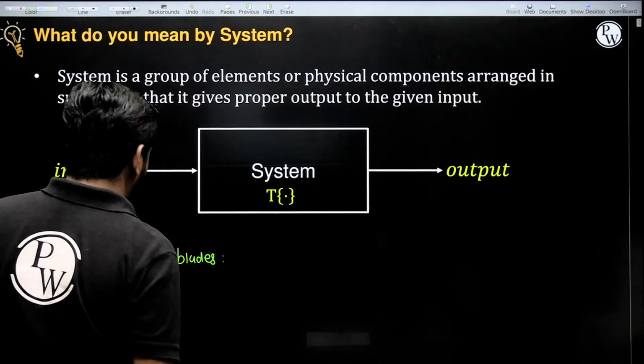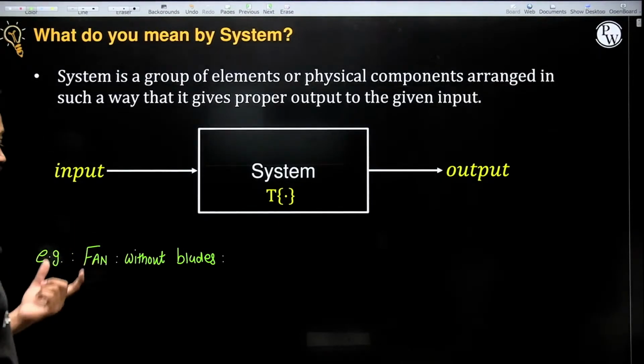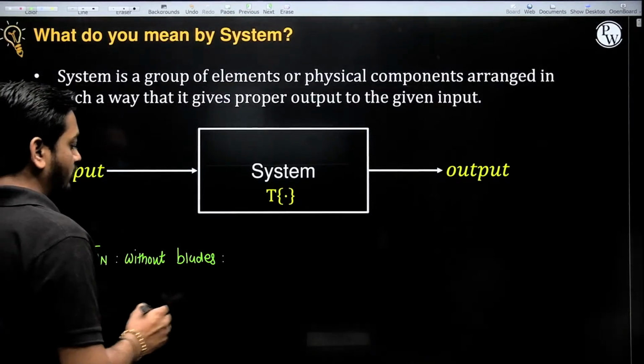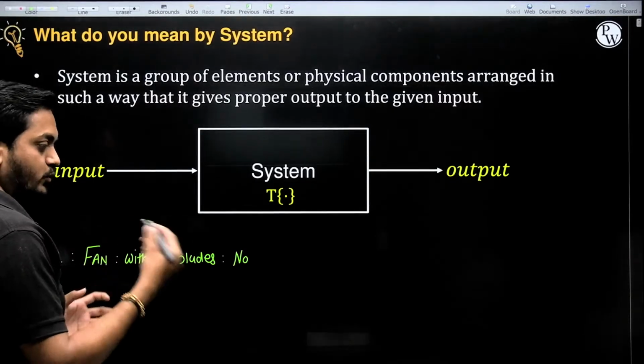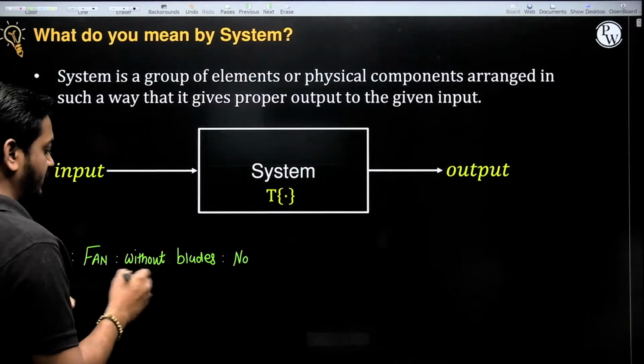You have installed a ceiling fan but just forgot to install blades, only the motor. That means there is no error. It will work, guys. It produces output also, but not proper output. It will rotate without blades also.